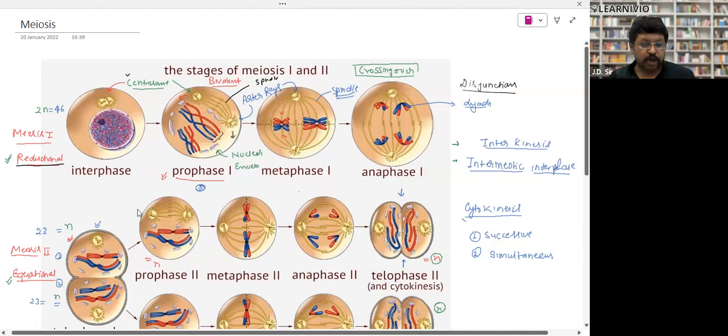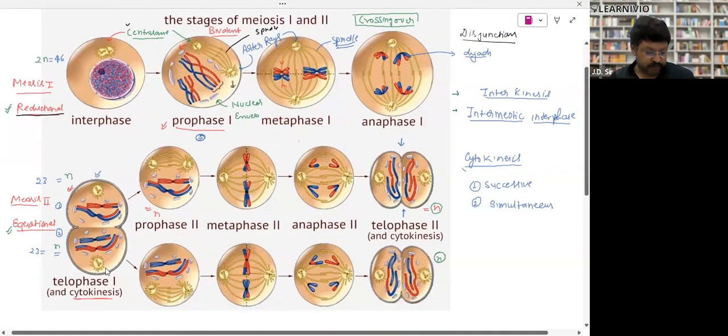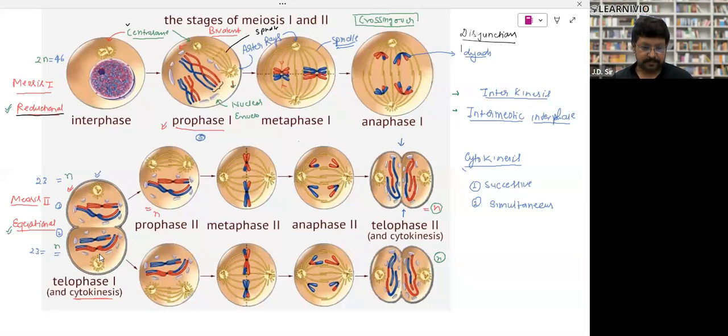Next, telophase 1. A nucleus is formed again as the nuclear envelope reappears.